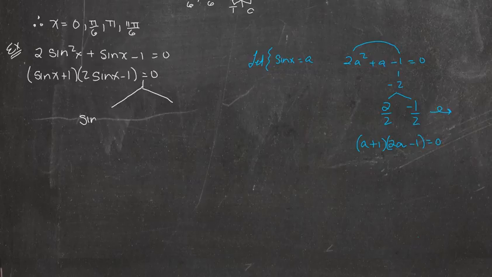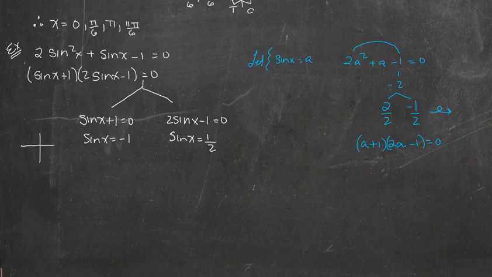So I have sine x plus 1 equals 0, and 2 sine x minus 1 equals 0. Sine x equals negative 1, and sine x equals positive 1 divided by 2, 1/2. Now we just have to find the angles of x that satisfy both conditions. So first let's look at sine x equals negative 1.